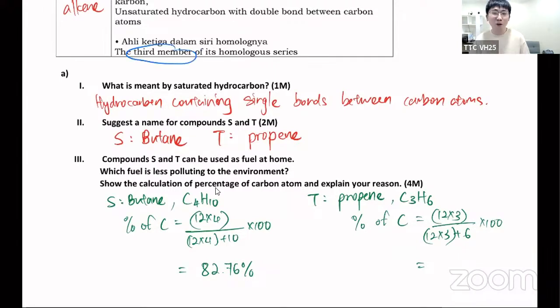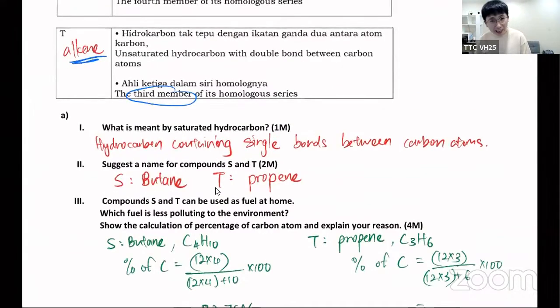Third member of its homologous series. I was so confident this one is propene. But guys, after thinking for a few minutes, I realized I was wrong. Because this is alkene, right?